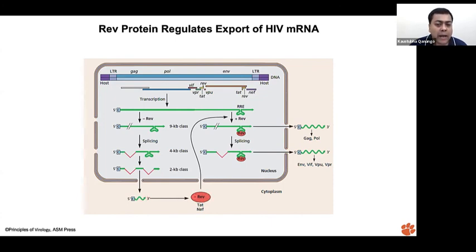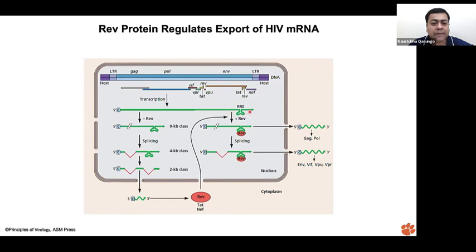So this Rev protein, which is from a spliced mRNA, goes back to the nucleus. Once Rev goes back to the nucleus, it will bind to this Rev response element right here, which is formed by the secondary structure of the full-length mRNA, which is the viral genome itself.